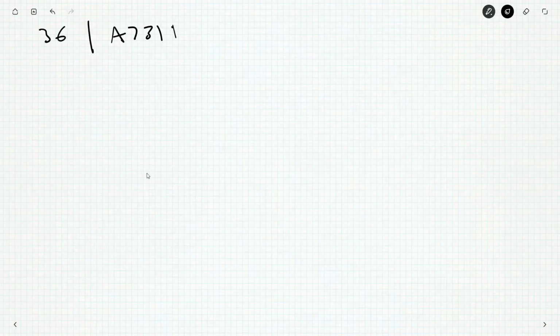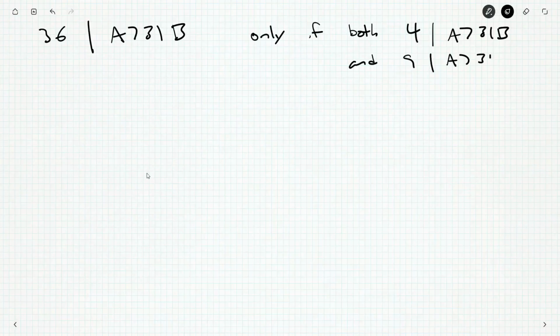So 36 divides A731B only if both of these statements are true: 4 divides A731B, and 9 divides A731B.